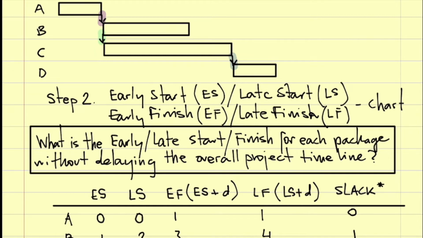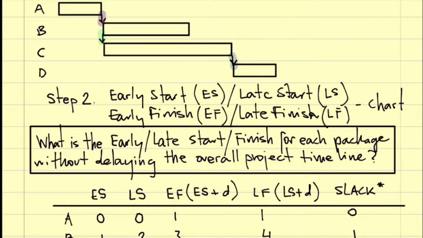You see, if I move C to the right, then D is also going to be moving to the right, so I cannot move it. If I move it, I delay the whole thing. This makes sense?